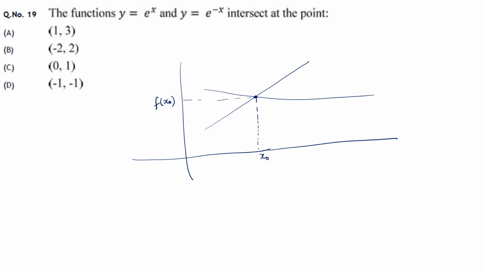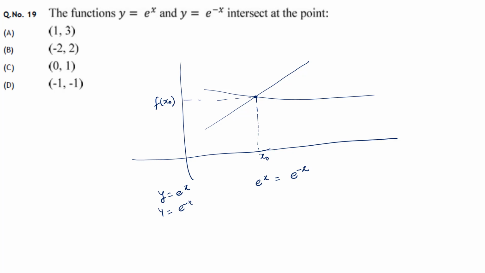So can we also write it in terms of equations? These two graphs will be the same, that means the equations will be the same. So here we have the first one e to the power x, second is e to the power minus x. So these two will be the same, e to the power x equal to e to the power minus x when x is equal to x naught. Fine. So what is the value of x naught?